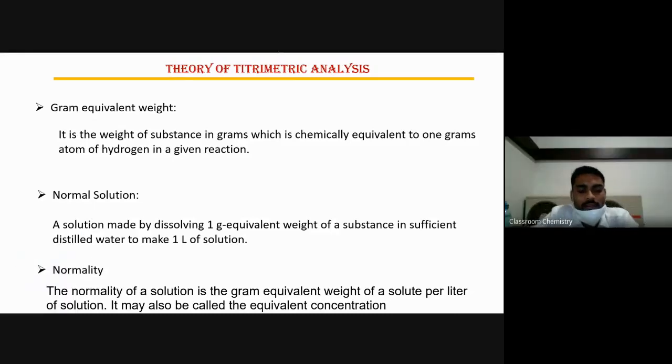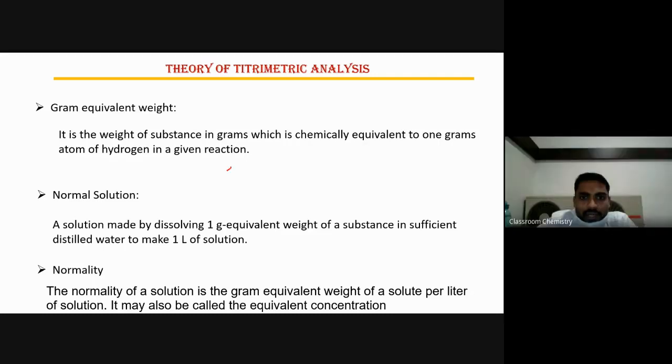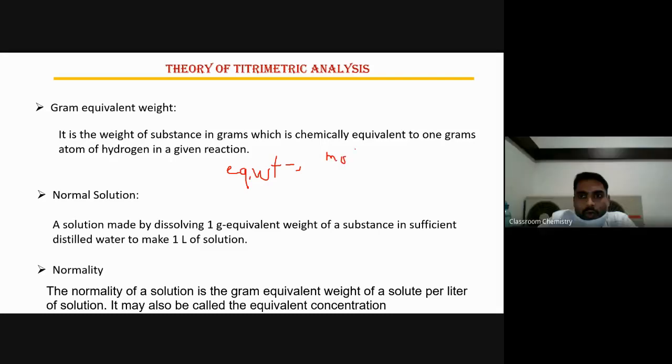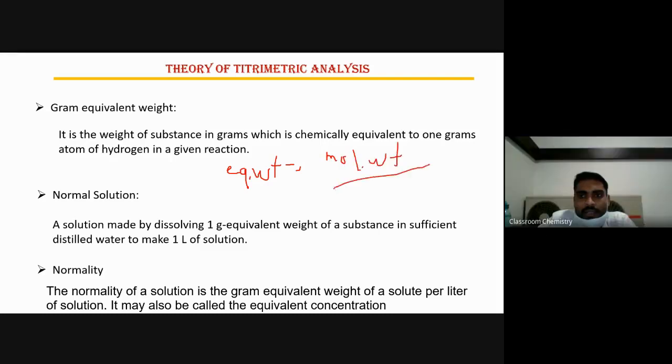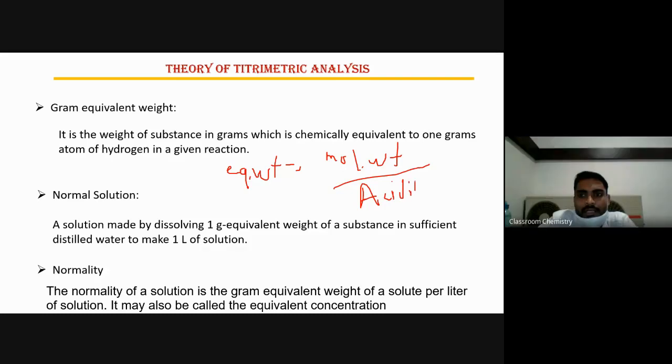Okay. See, I will explain what gram equivalent weight is from a calculation point of view. What is the formula? Equivalent weight is equal to molecular weight divided by acidity or basicity.